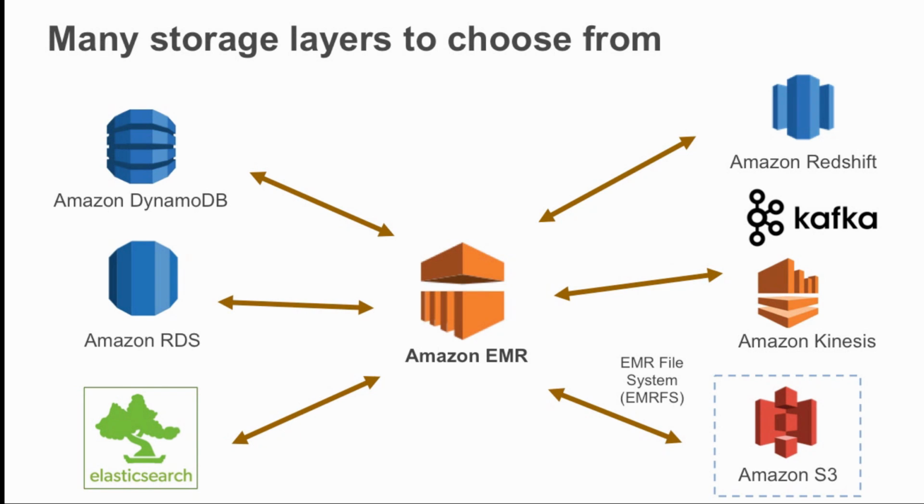I talked about storage. This shows the variety of storage technologies that EMR can interface with. In the lower right corner, you can see S3, as we mentioned, using EMRFS. Lots of value and lots of benefits to having your data in S3. The 11 nines of durability, very low cost.